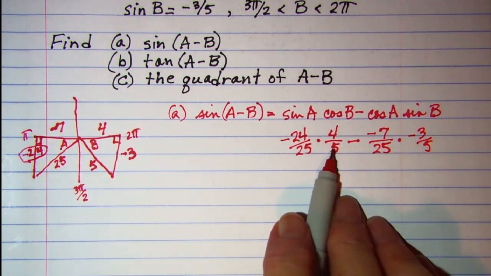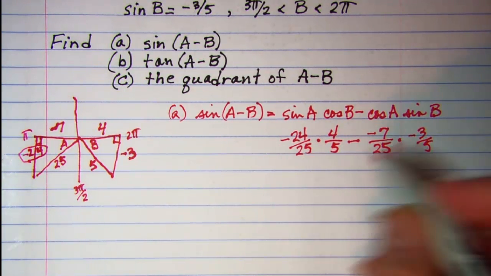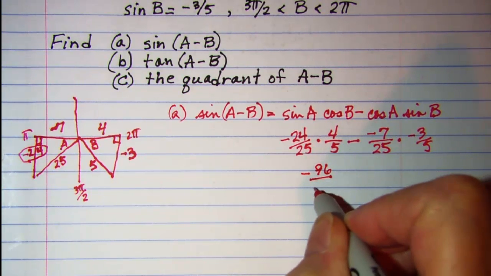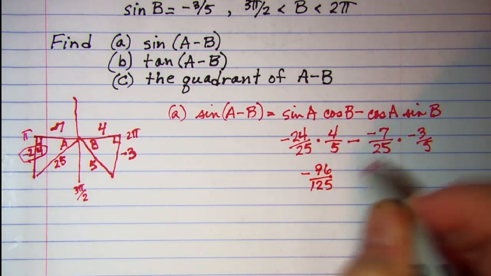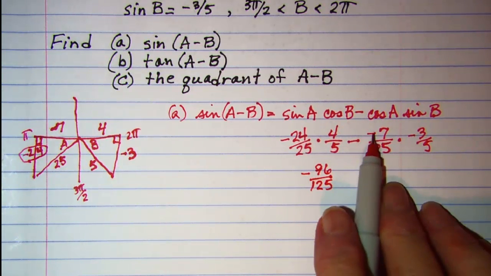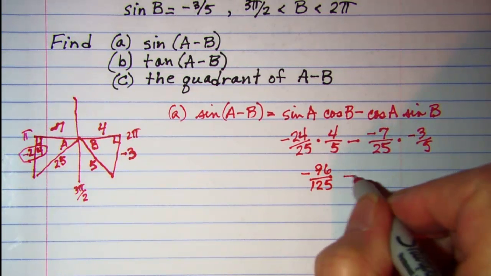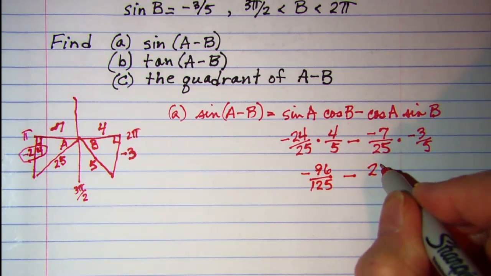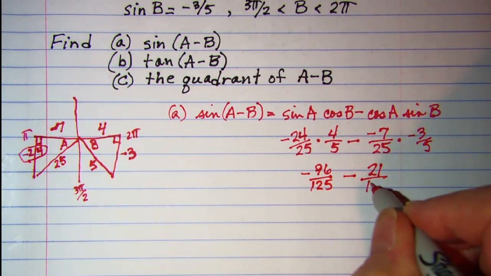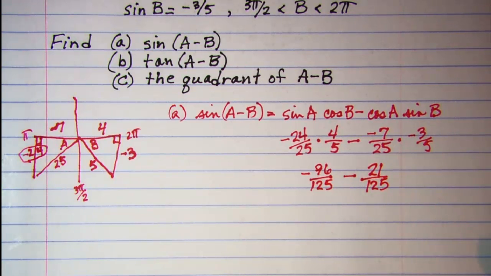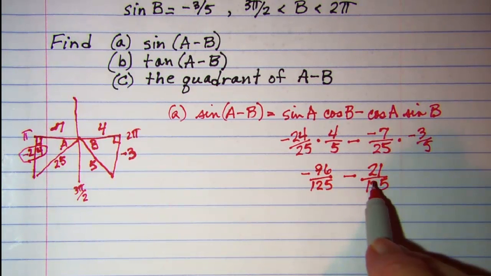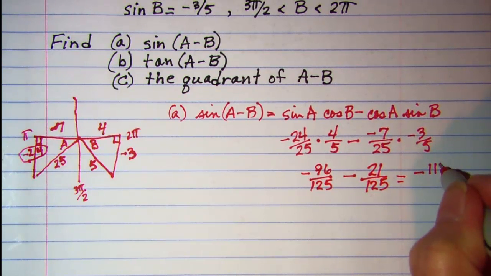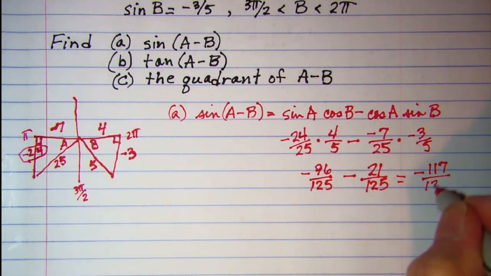When we do this multiplication here, we get a negative 96/125. And then we have 3 minus signs, so that'll be minus. And then this product is 21/125. All right, when we combine these two numbers, we get a negative 117 over 125.